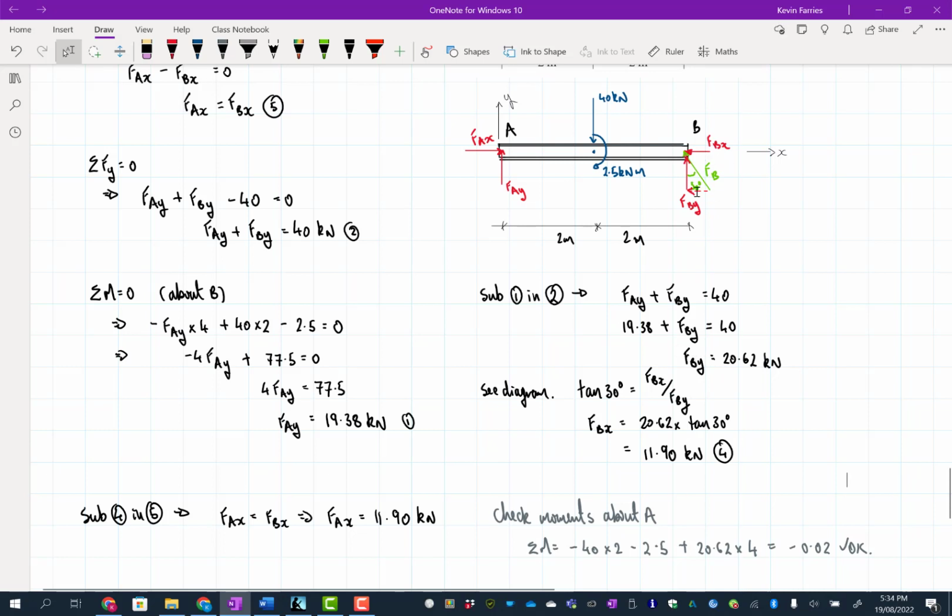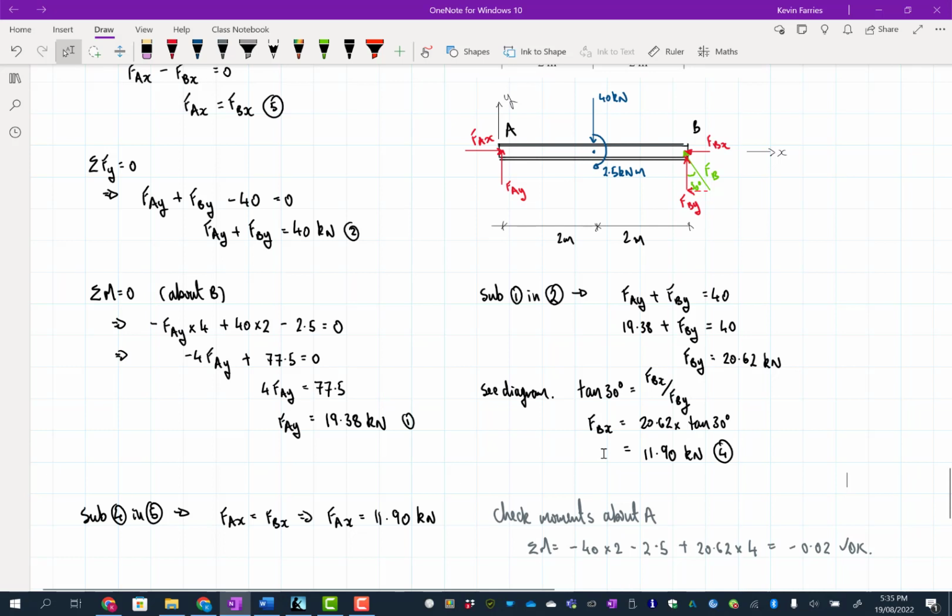Then I just used trigonometry to find out Fbx. That's Fbx down here, this one. So we've got Fbx, and we know it's equal to Fax, so that gave us Fax. Those are equal and opposite. So Fax is 11.9 in that direction.